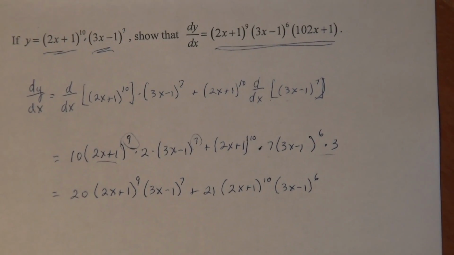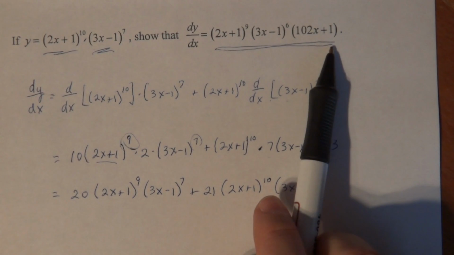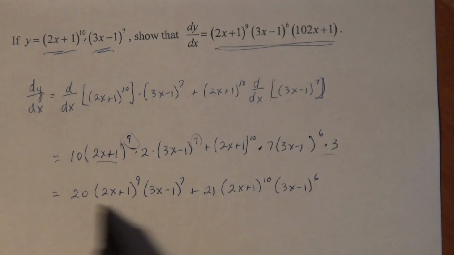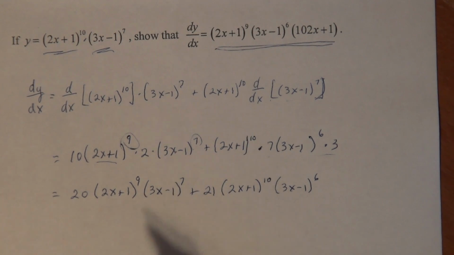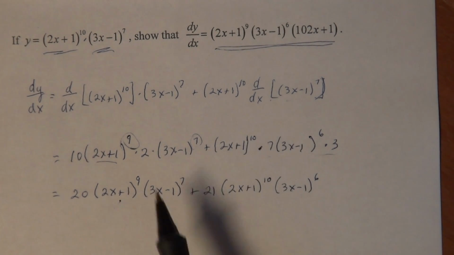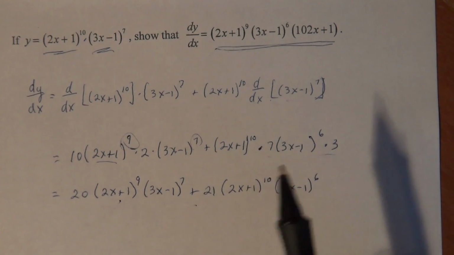Now here's the kicker. I look at this and I look at this. And notice this is 3 factors multiplied together. And this is 2 terms. Now the last thing that I'm going to do is multiply everything out, because all that does is it creates 100 different terms. Terms to the 9th power, terms to the 8th power, terms to the 7th power, terms to the 6th power.